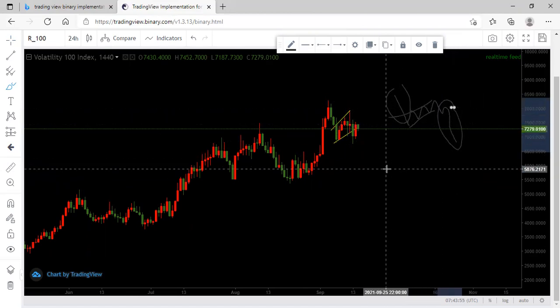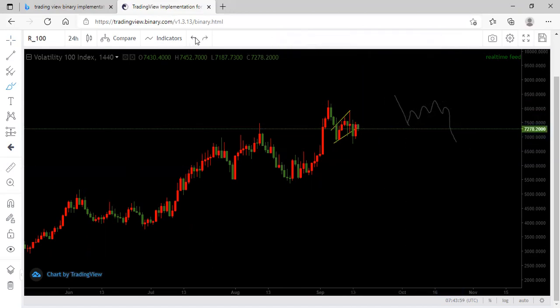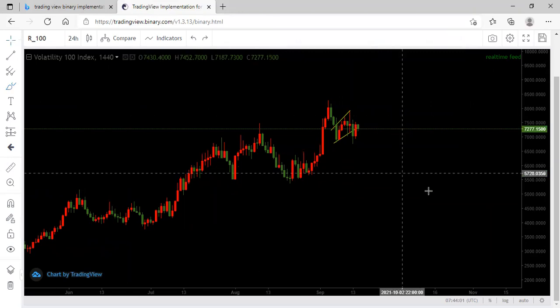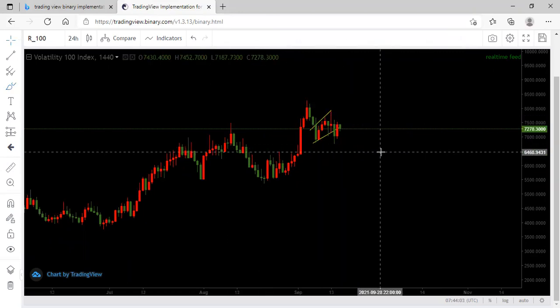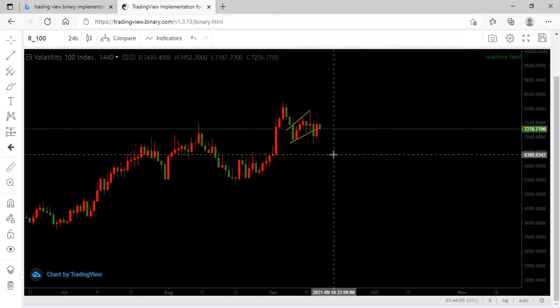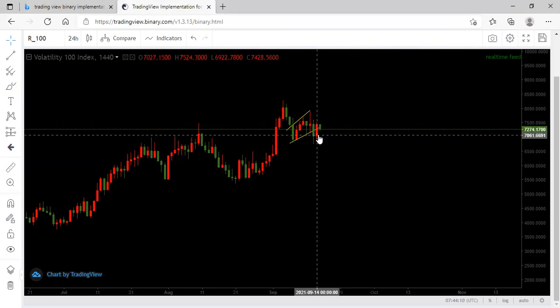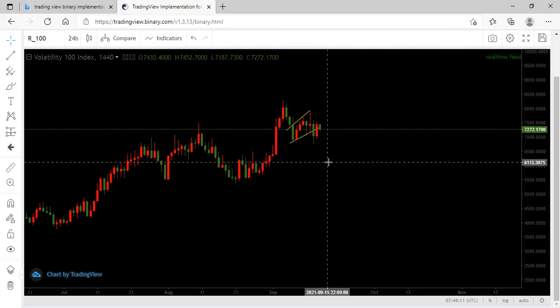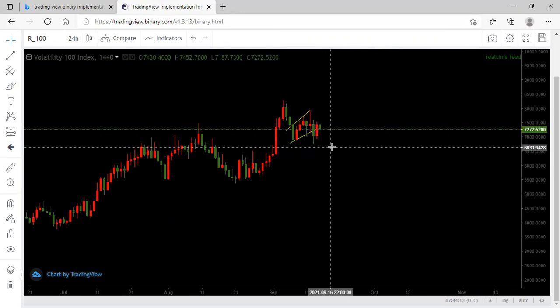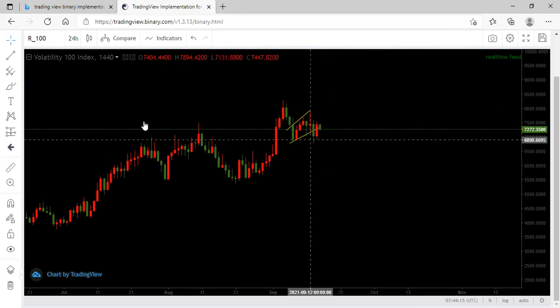The same with this one. Okay, let us proceed. Here, guys, we have understood that price is struggling to break this level to the downside so that it can continue with the second leg.